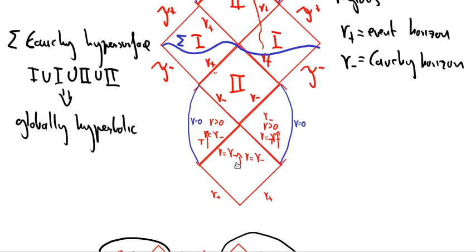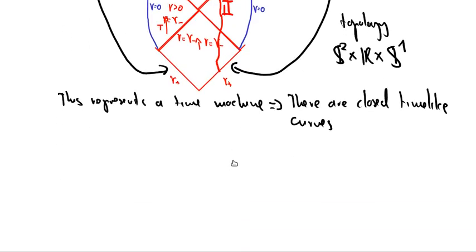Remember, we have this case in which one has one root. And this is the so-called extremal case. Okay, so let us discuss the extremal case now. Remember the line element of the extremal case?